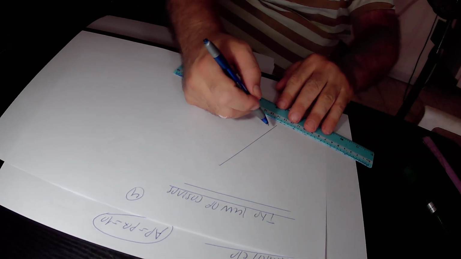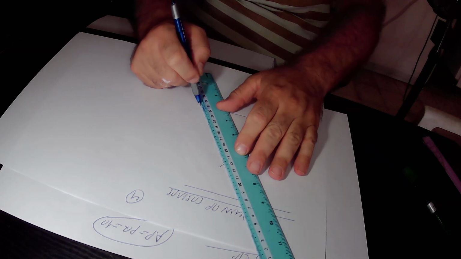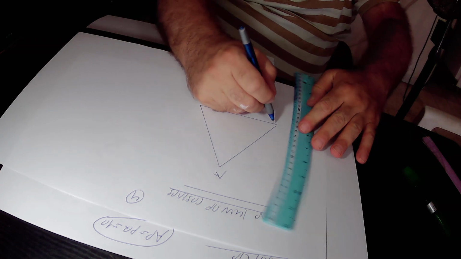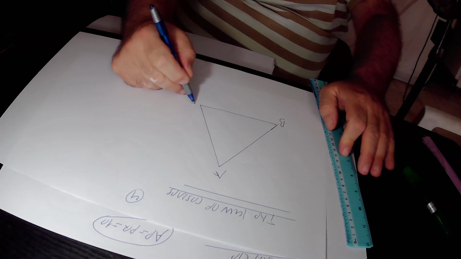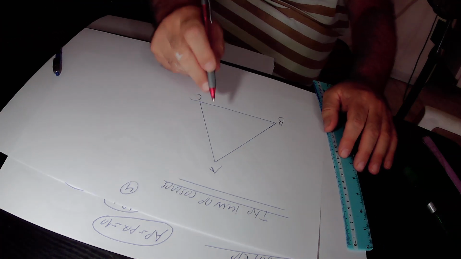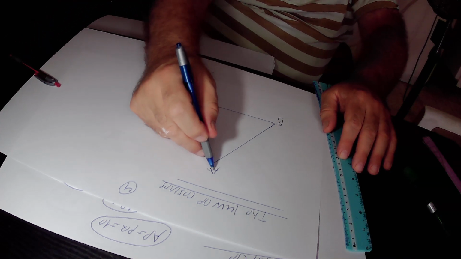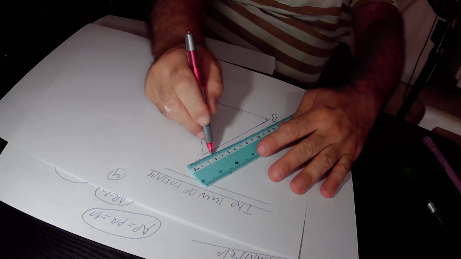So actually, this is triangle ABC that could be any triangle. This is side AB that is equal to A units in its length.